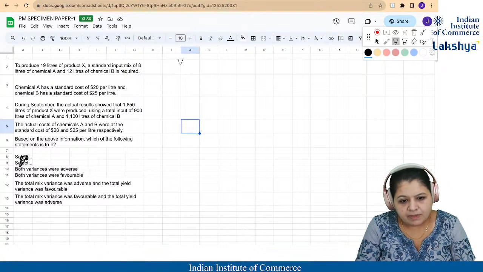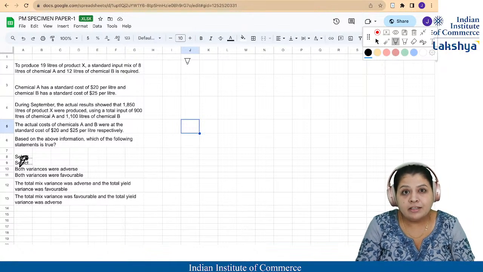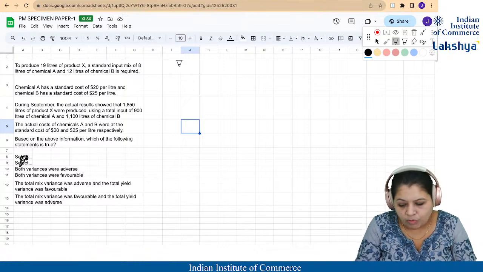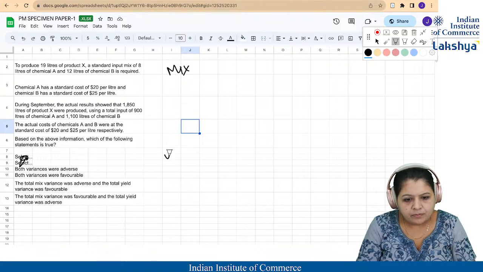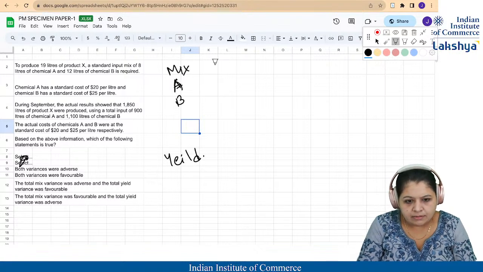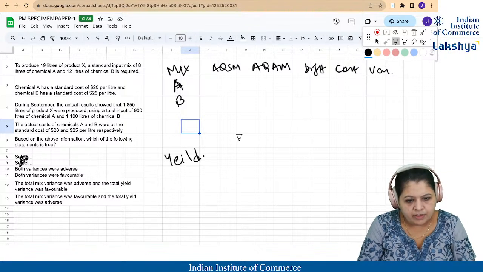Now here, this is a variance question which we just did yesterday, so it must be fresh in your mind. What we have done here is found two variances, which are mix and yield. Right. For a mix variance, obviously they have got two products A and B, and there is AQSM, AQAM, your difference, your cost, and your variance, right?